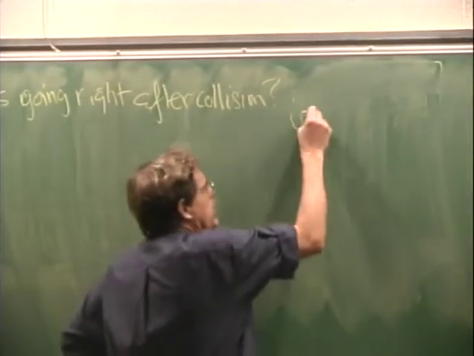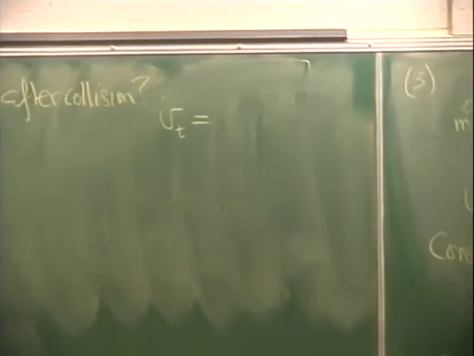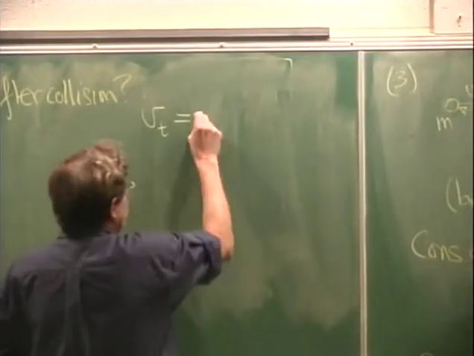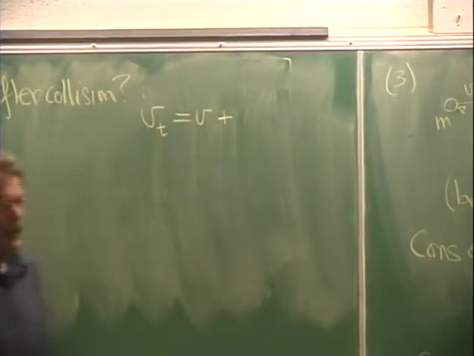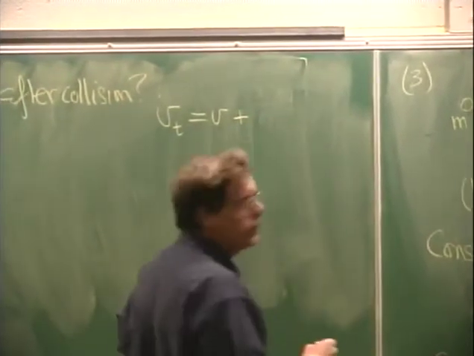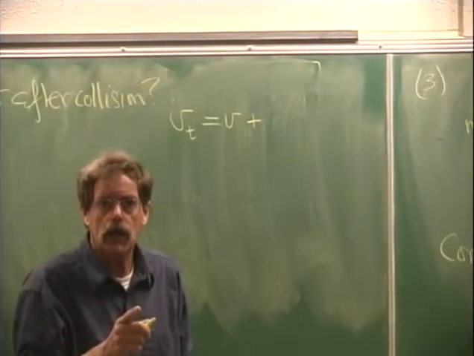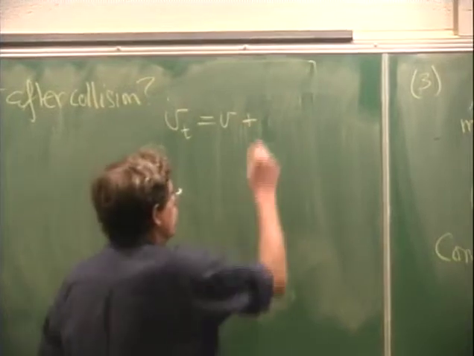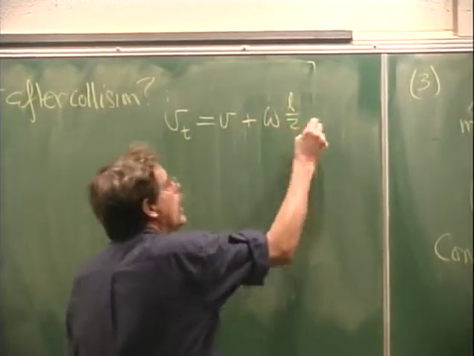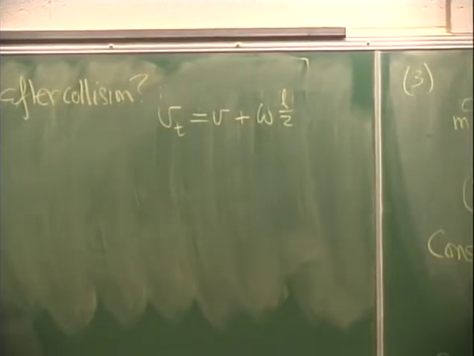Well, the velocity of the top mass is the velocity of the whole center of mass, it partakes in that motion, v, plus the velocity that it would have had just due to the rotational motion. That's going to be omega times L over 2. Omega times r in general, the velocity because of the rotation.